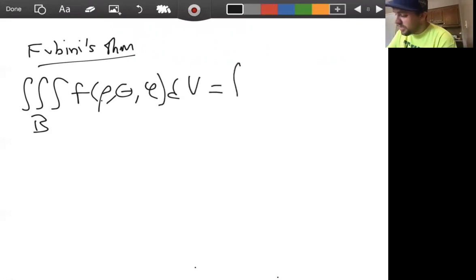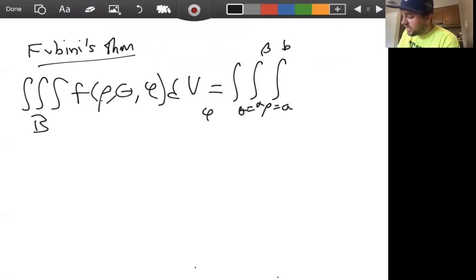This is the same as the iterated triple integral, where rho goes from a to b, theta goes from alpha to beta, and phi goes from gamma to psi of f of rho theta phi.